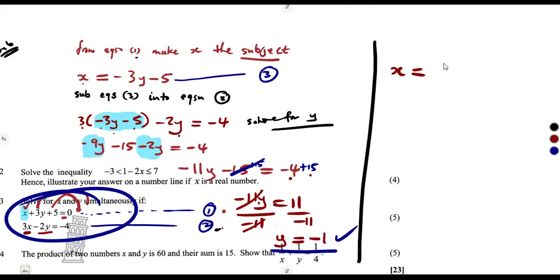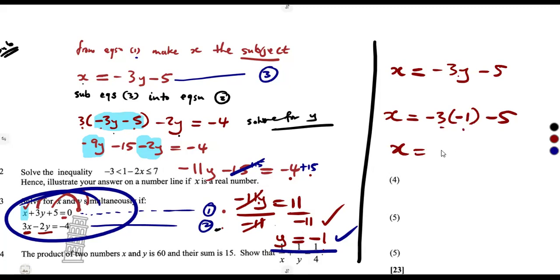X is equal to what? Minus 3y minus 5, like this. So you simply have to substitute the value of y that we calculated, which is what? Minus 1. So that's minus 3 times the value of y that you obtained here, which is minus 1. All right, so that's our x.